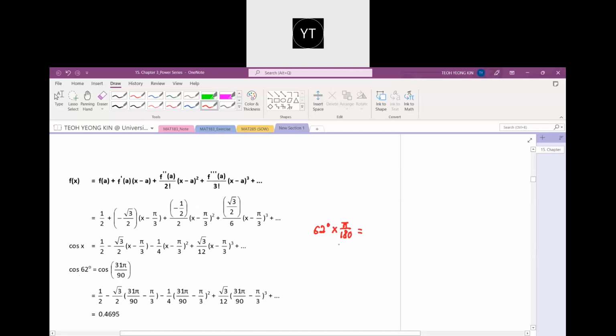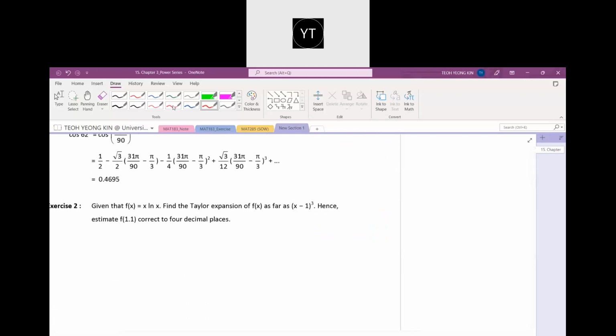You should get 31 pi over 90. So just substitute into x, and then you should get the value.